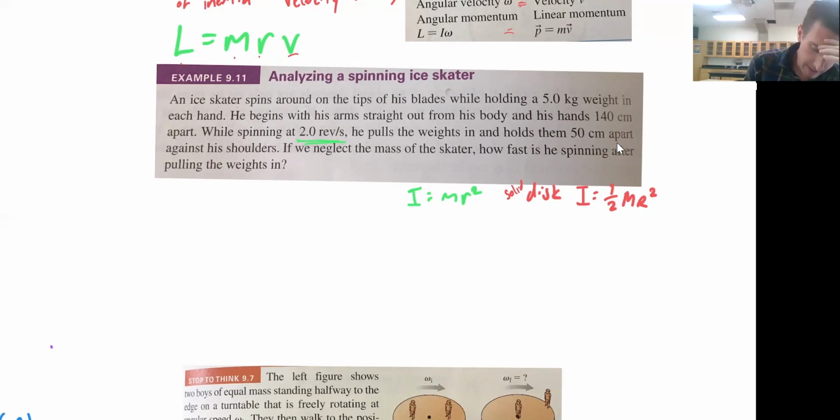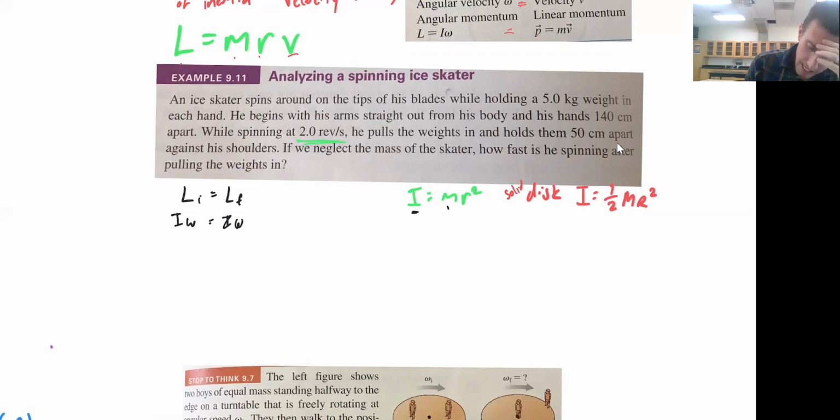So I'm going to say that the initial momentum is equal to the final momentum, or I omega at the beginning equals I omega at the end. Now, this is two objects that are not a disk. They're on the outside, so it's going to be m r squared, but there are two of those objects.